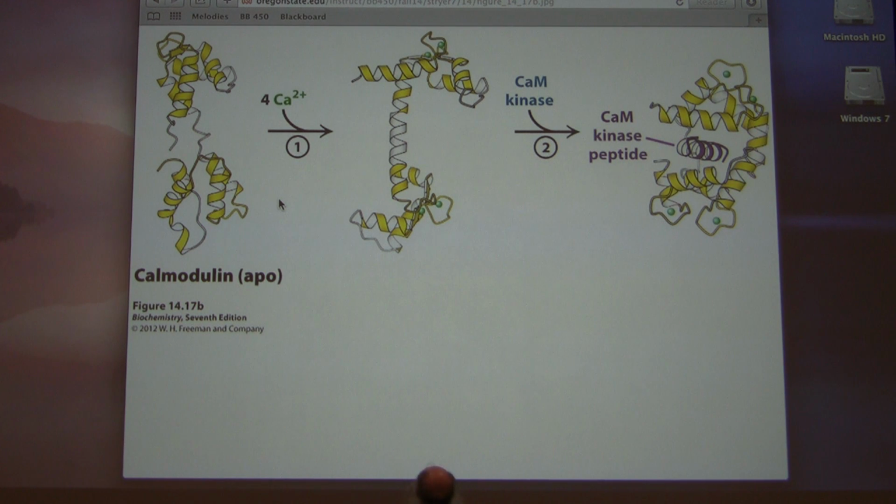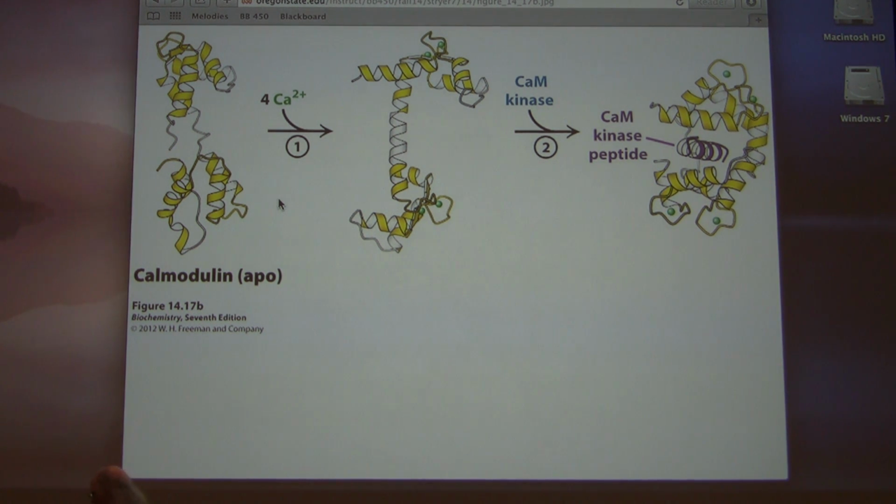Here's calmodulin without the calcium. We see the binding of the calcium causes somewhat of a structural change, and that small structural change facilitates a bigger structural change that allows the calmodulin to bind to another protein and activate it.